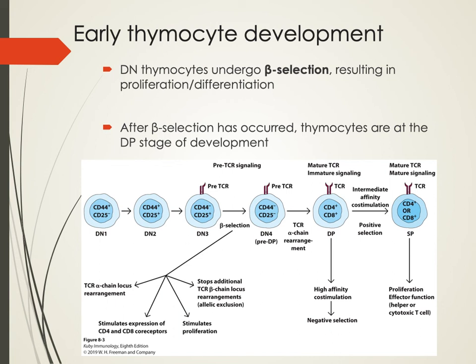Because if that beta chain is good, then we don't want to have to go back and go through this whole process again. At the next round we're undergoing the alpha chain rearrangement, so even though a single cell underwent beta selection, it now has the possibility to undergo different types of alpha chain rearrangement. So it gives you a bigger pool of cells to go through.